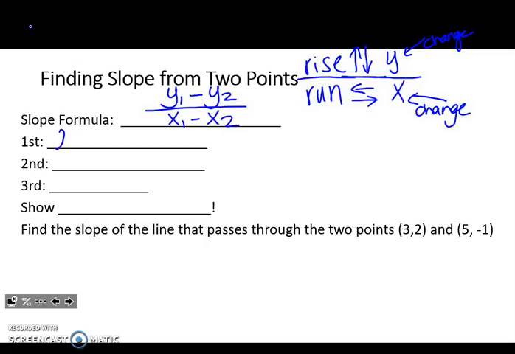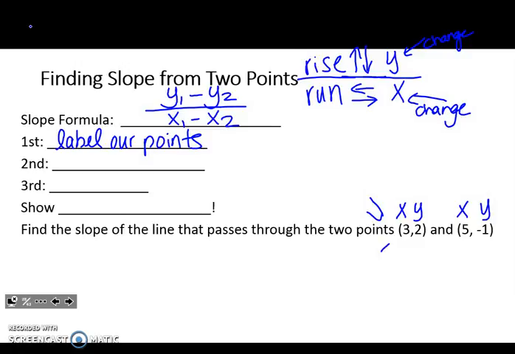So the first thing we need to do is label our points. And what I mean by that is, in this point, the 3 is my x value, the 2 is my y value. Over here in this point, the 5 is my x value, and the -1 is my y value. So I need to label each of those points x, y, x, y.